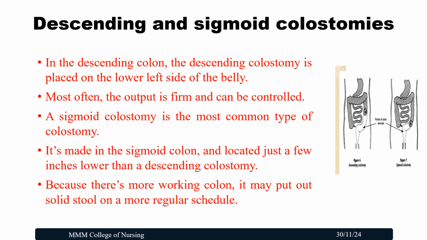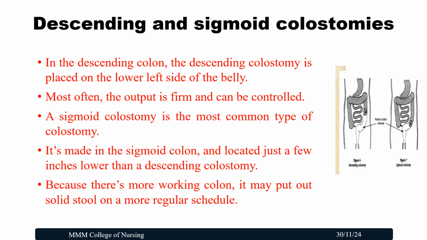Descending and sigmoid colostomies. The descending colostomy is placed on the lower left side of the belly. Most often, the output is firm and can be controlled. A sigmoid colostomy is the most common type of colostomy. It is made in the sigmoid colon and located just a few inches lower than the descending colostomy.